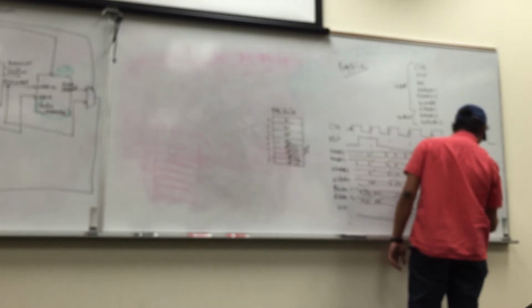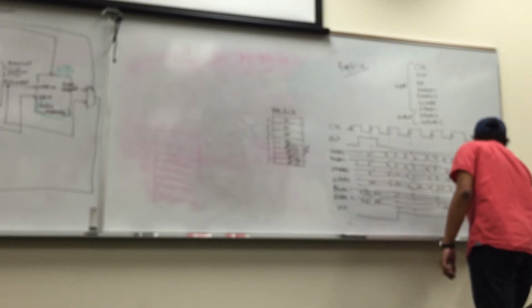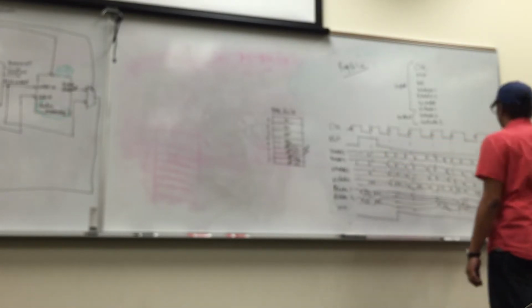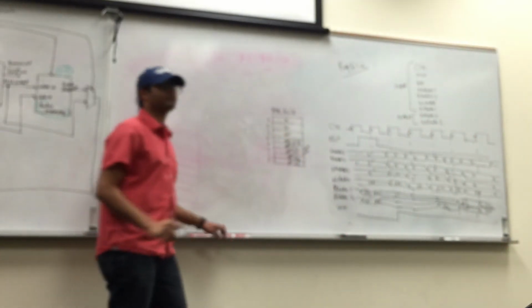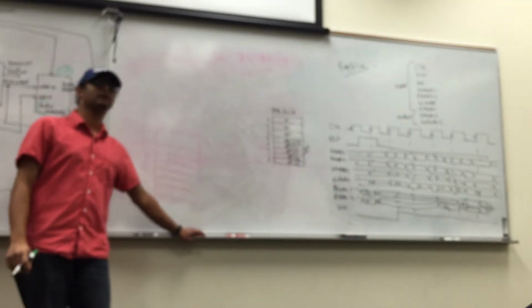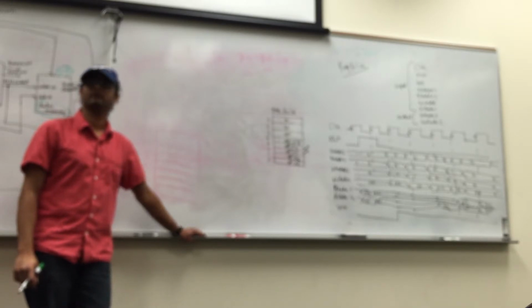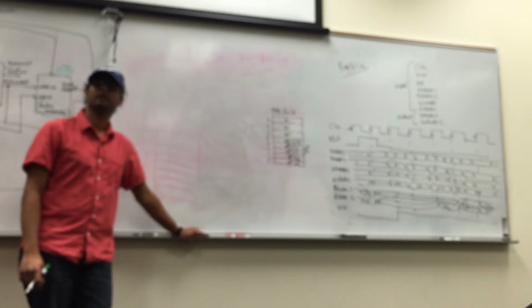Finally, this is read data 1 is 22, this is also 22, and then 78 will be written here. Okay? Does it make sense? Yeah?